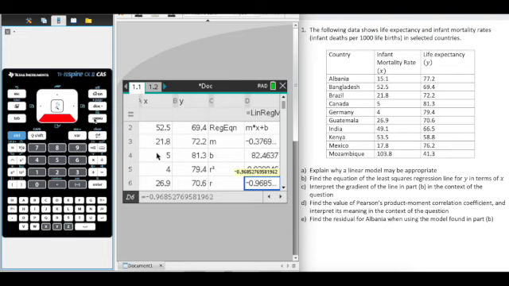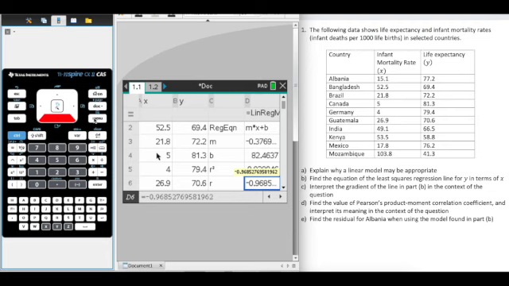We can see this is very close to negative 1, so there's a very strong negative correlation between the infant mortality rate and life expectancy. So as the infant mortality rate increases, the life expectancy decreases.